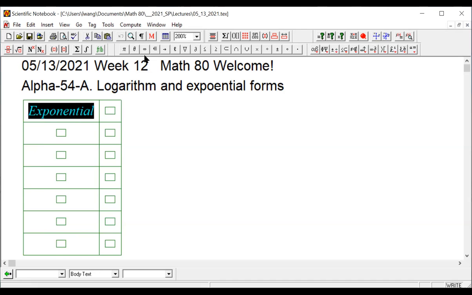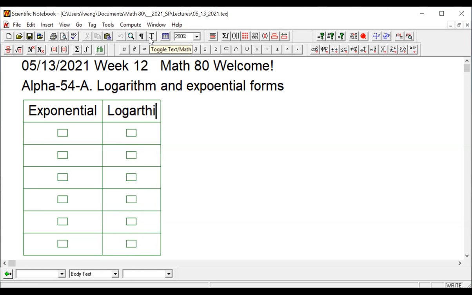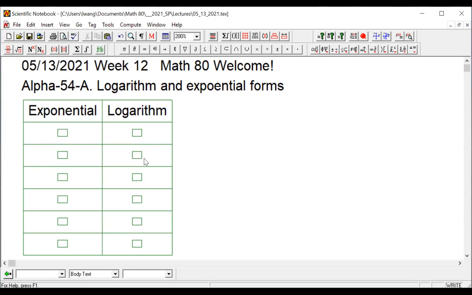One is the exponential form, and the other one is the logarithm form.